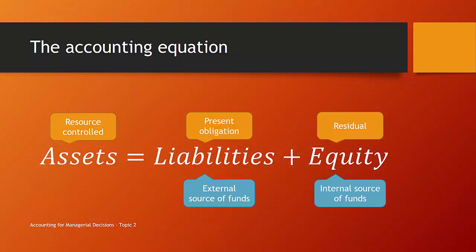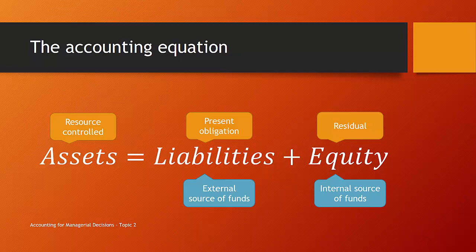On the other side, on the right-hand side, we have liabilities and equity. And if you think about it, it's kind of who has control or who has sort of a call on those assets. The liabilities are a present obligation, and these are effectively what the entity owes to external parties, if for a second we exclude the idea of owners being external.